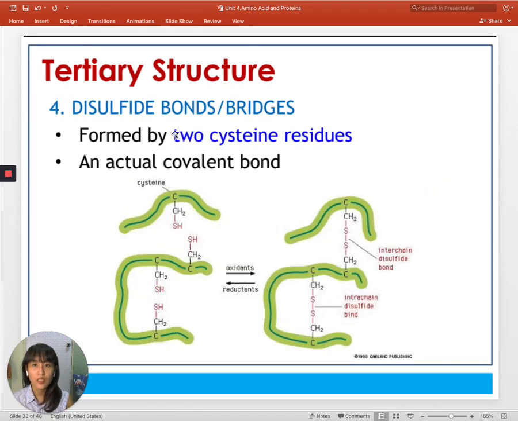And lastly, there can occur disulfide bonds or bridges that are formed by two cysteine residues. So this is what we call the disulfide bonds. So that is actually a covalent bond between two cysteine residues. You can see here.